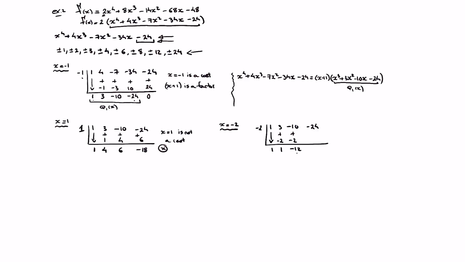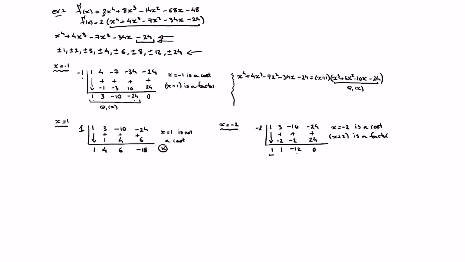And -2 times -12 is 24. Finally, -24 plus 24 is 0. So, since it's 0, we can say that x equals -2 is a root. And therefore, x plus 2 is a factor.